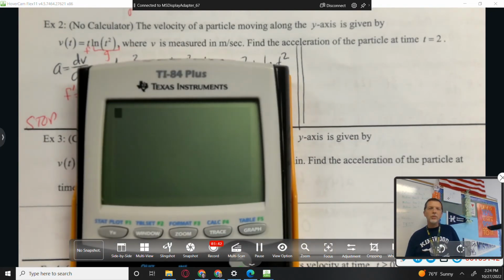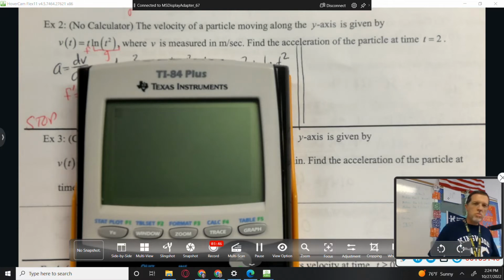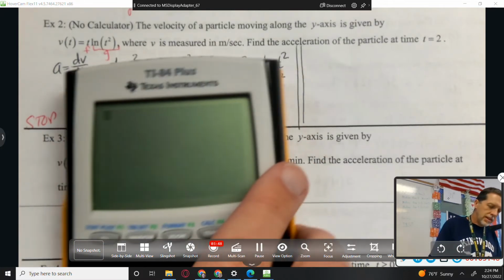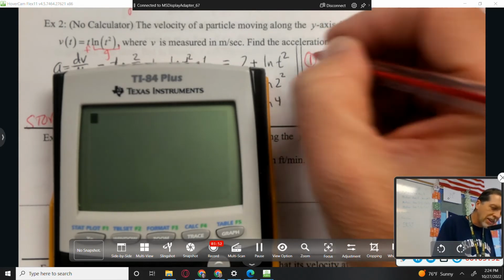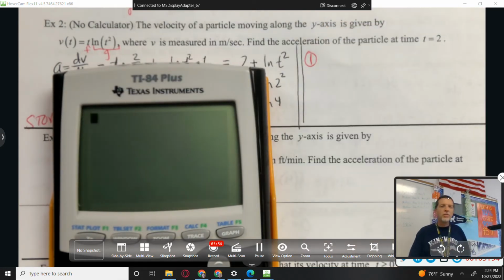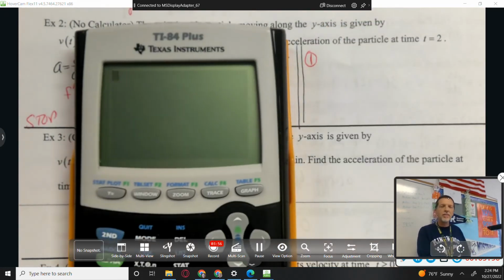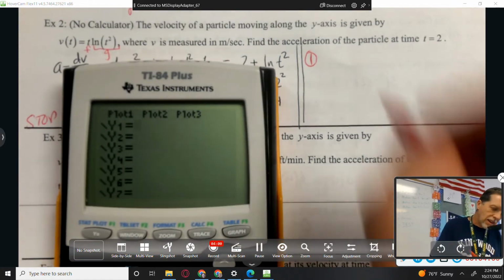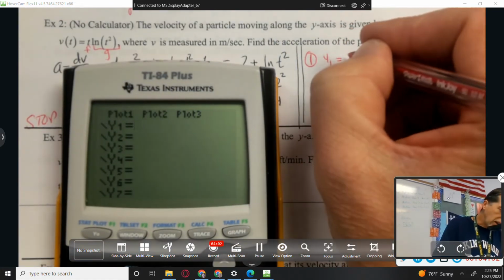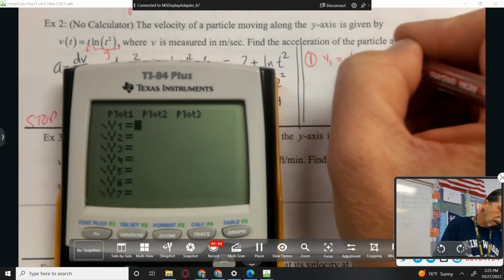Okay, 2 ways to do this problem in the calculator. I go back and forth on which way I like better, so I'm going to show you both, and you can kind of figure out from there. Let's go to y equals, and let's put that in. So y1 equals t times natural log of t squared.